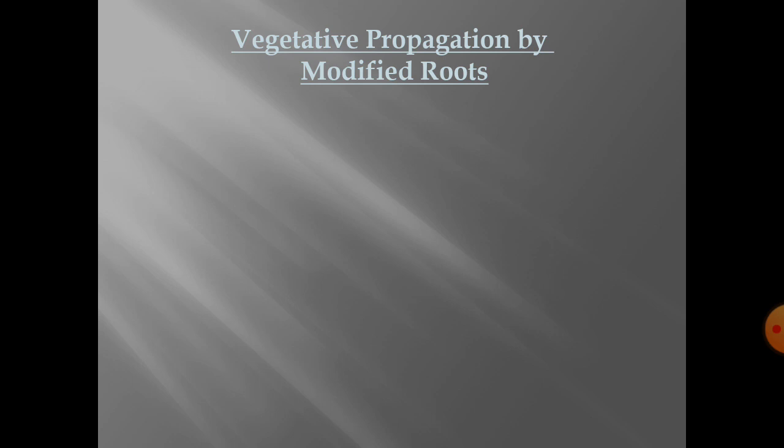Additional functions are so many like storage, mechanical support, haustorial function, assimilation, respiration, symbiosis, and of course propagation, or you can say reproduction. Now, if the root performs any of the additional functions besides normal, the root becomes modified.